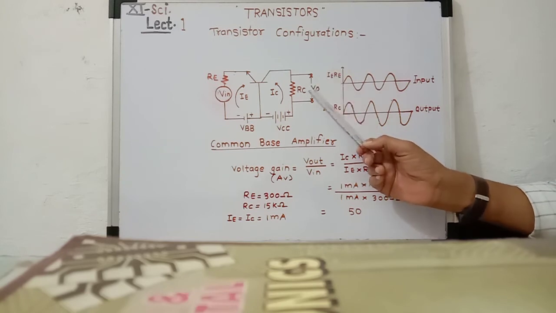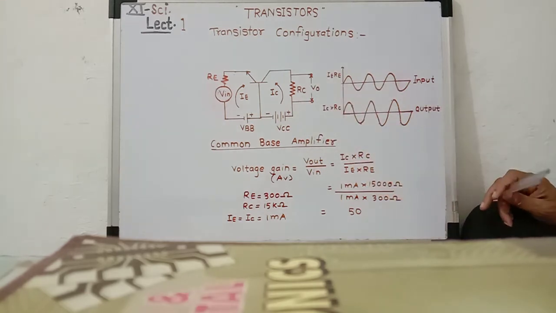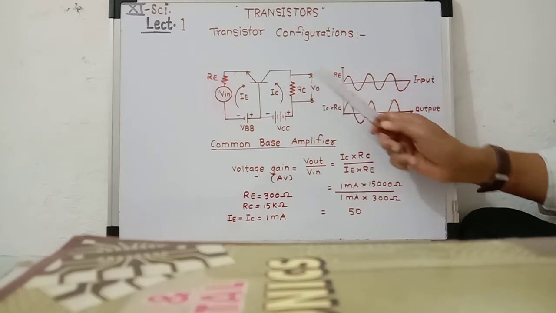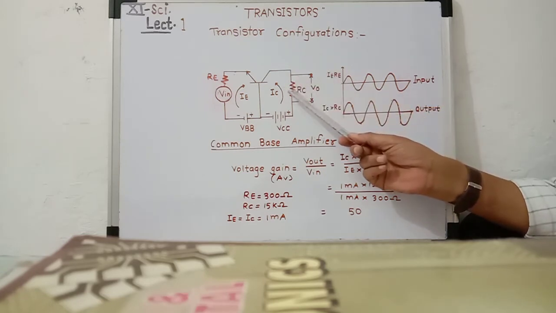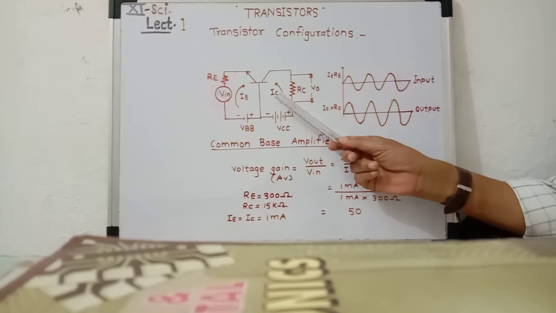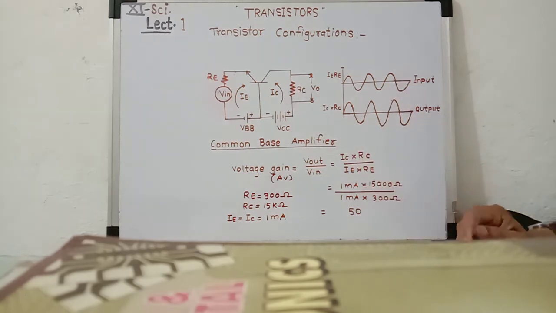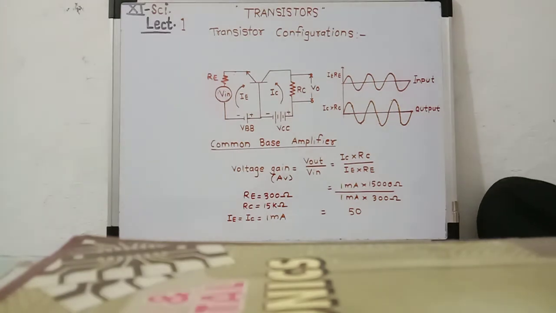So the output resistance will be high, because we increase RC.